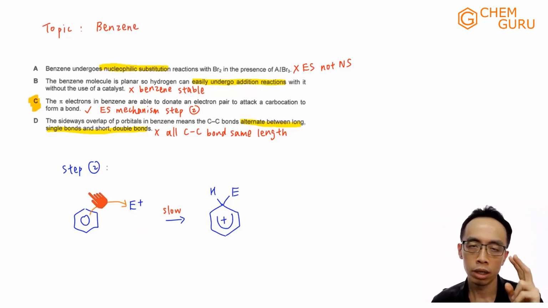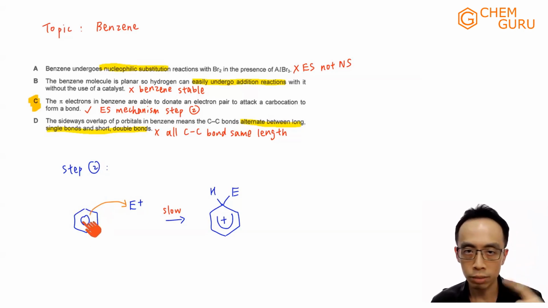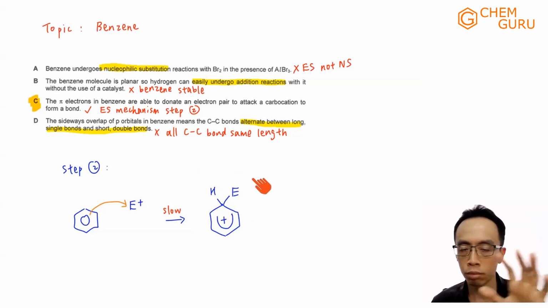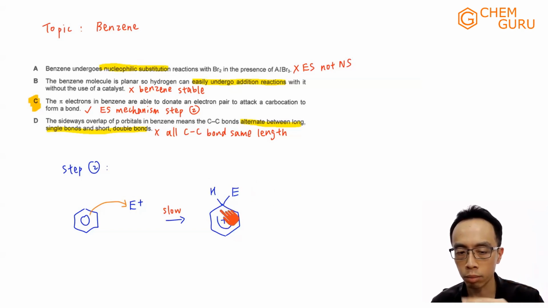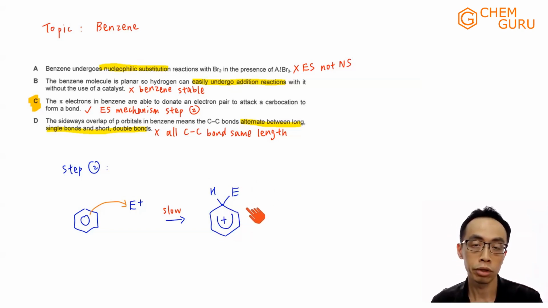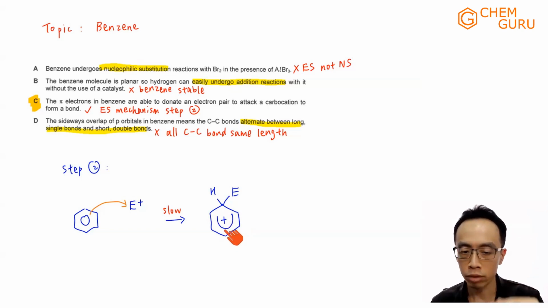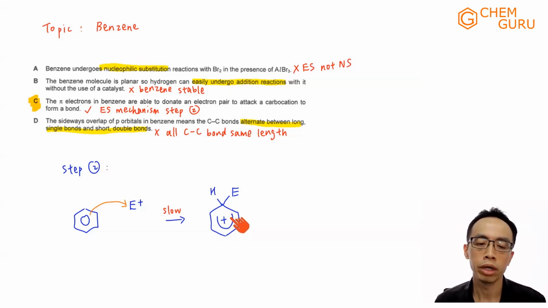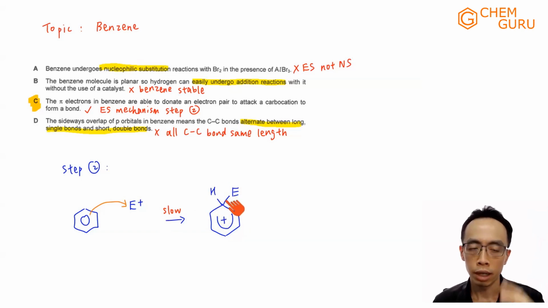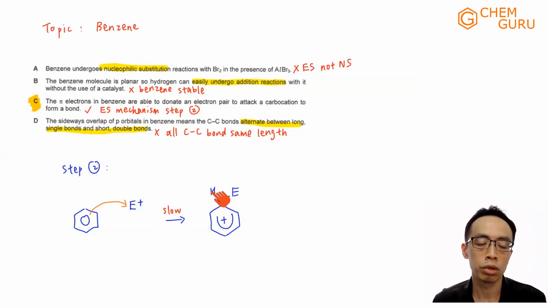So basically one of the carbons is taking 2 electrons in the delocalized pi system to form a bond with the E+. Then I'll form this intermediate where this carbon is saturated, bonded to hydrogen, bonded to the electrophile, and the portion around that saturated carbon, the ring will open and there will be a positive charge in the benzene ring. So this is a very standard second step involving the electrophilic substitution mechanism.